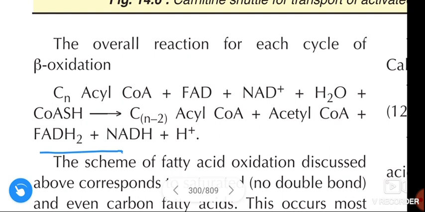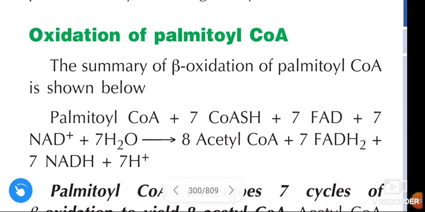Let's come to the palmitoyl-CoA oxidation. For complete beta oxidation of palmitoyl-CoA, 7 cycles are required. I already told you that for one cycle of beta oxidation of acyl-CoA, one NADH and one FADH2 are formed.